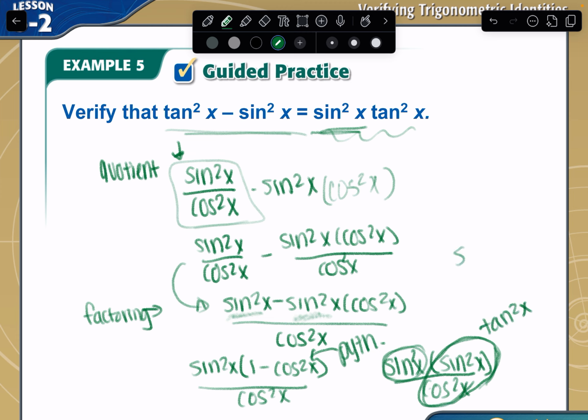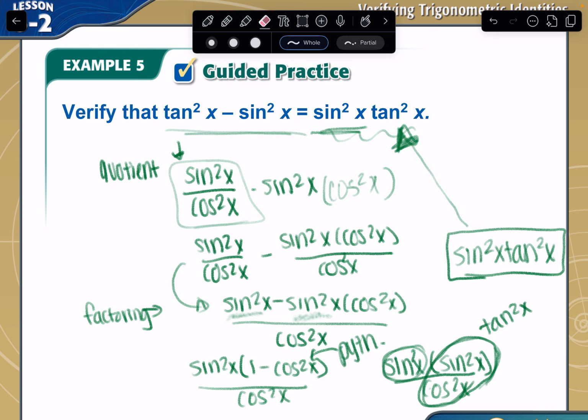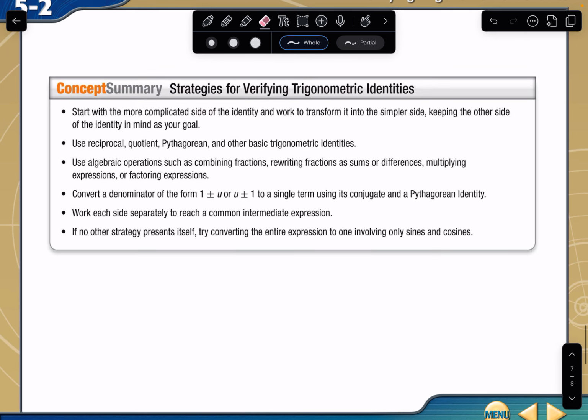So I would end back up with sine squared x times tangent squared x, which is my goal. Okay, so weird process, dealing with the same sine, cosine, tangent over and over again, but that is how you would get to your answer being multiplication. All right.